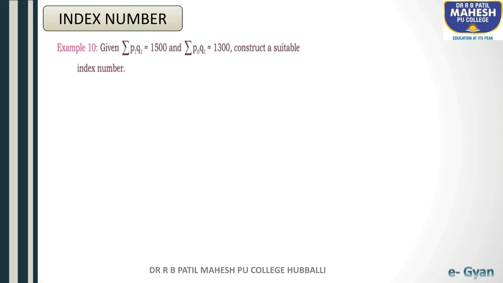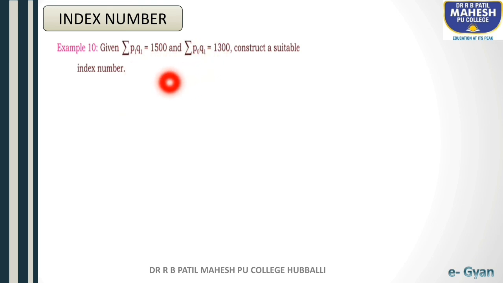Let us take one more example. This is also for 2 marks. Given summation P1 Q1 is equal to 1500 and summation P0 Q1 is equal to 1300. Construct a suitable index number. Students, here also, as per the given data, which formula is suitable?